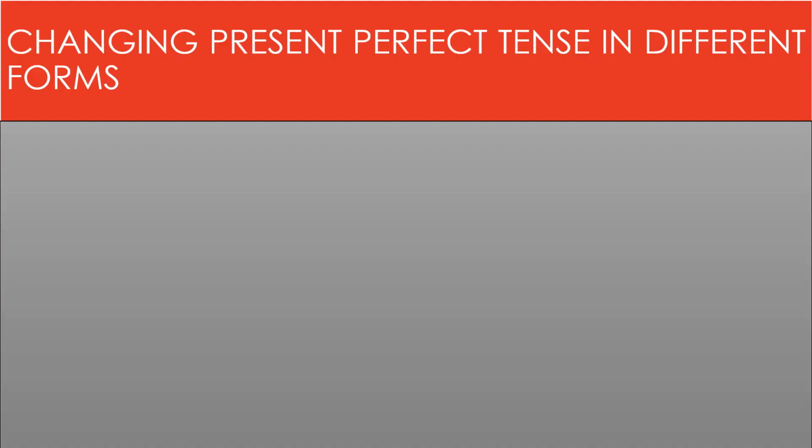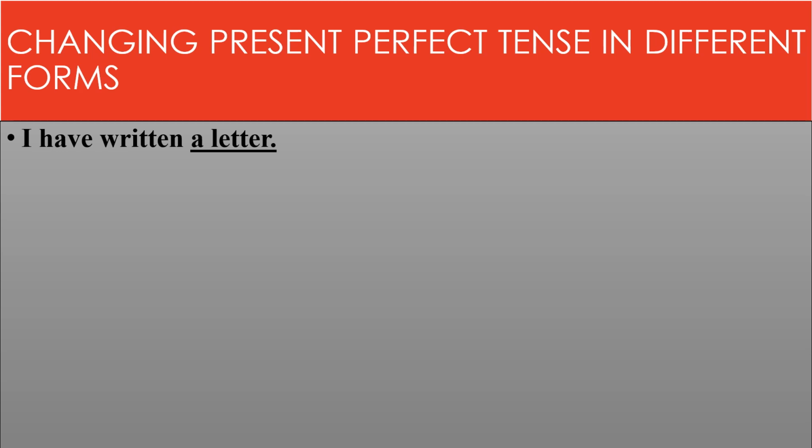changing present perfect tense into different forms. When you learn tense, you have to understand tense in negative form, interrogative form, interrogative negative form, and WH question also. I have taken here a sentence: I have written a letter. This is in affirmative form. Look at the sentence. There is no negative sign in the sentence, so it is in affirmative form.